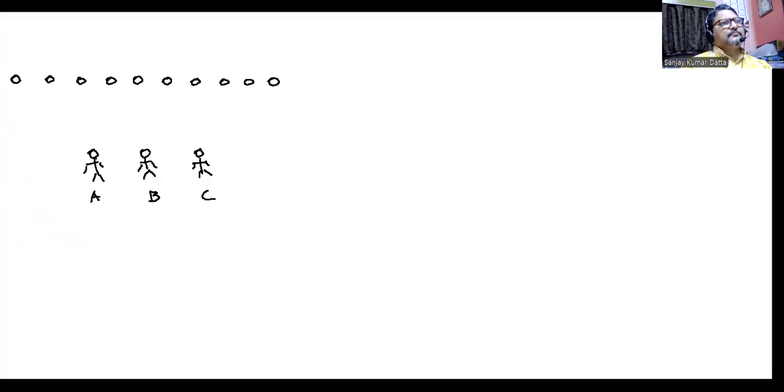Let us see. A, B, C. These are the three. Let us do one thing. Let us distribute 0 marbles to A, mandatory. And the remaining 10 let us distribute amongst B and C.